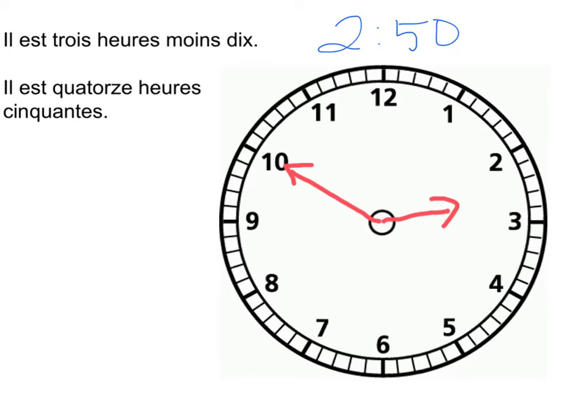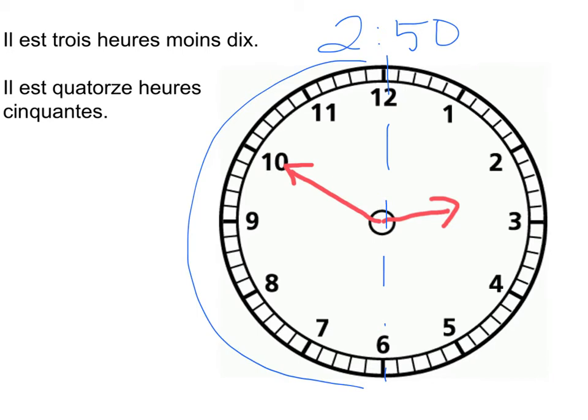Okay? So again, if you're given the time 2:50, you're going to round up to the 3, and you're going to subtract the number of minutes to the top of the hour. And you're going to do this for any time that is on the left side of the clock. So if you have any minutes that are on the left side of the clock, so after the 30-minute mark, you're going to subtract this. Okay, we'll have another example.